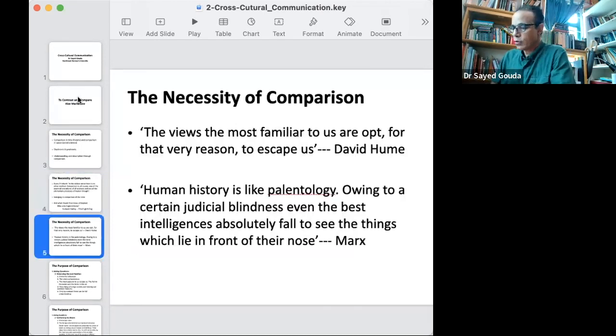David Hume, the Scottish philosopher, one of the most important philosophers of the Enlightenment age, said the views most familiar to us are apt for that very reason to escape us. David Hume is known for his philosophy of skepticism, and he encouraged us to be skeptical of everything, to question everything.